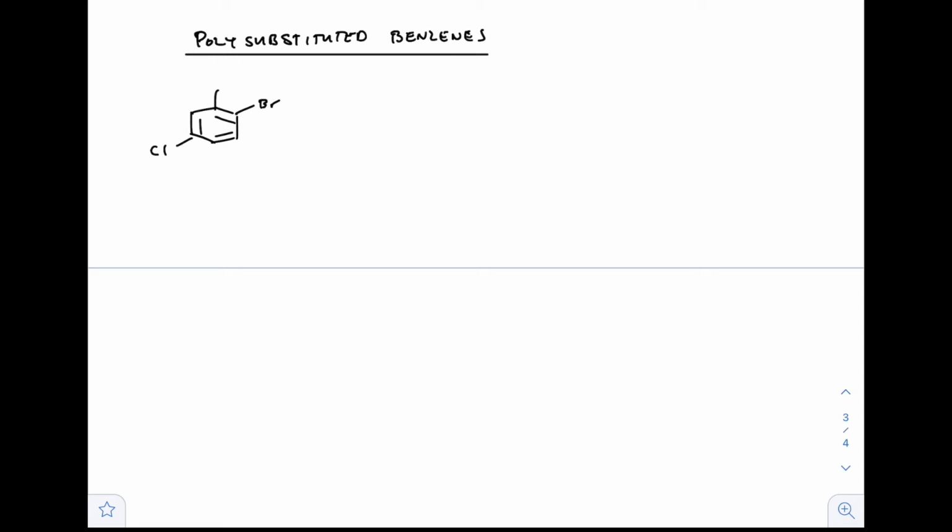Polysubstituted benzenes, y'all. So we've got a methyl, a bromine, and a chlorine, right? So the rules for naming these are, of course, you want to give the lowest possible number so that the set of numbers that you get is the lowest. You'll see what I mean by that in a second.